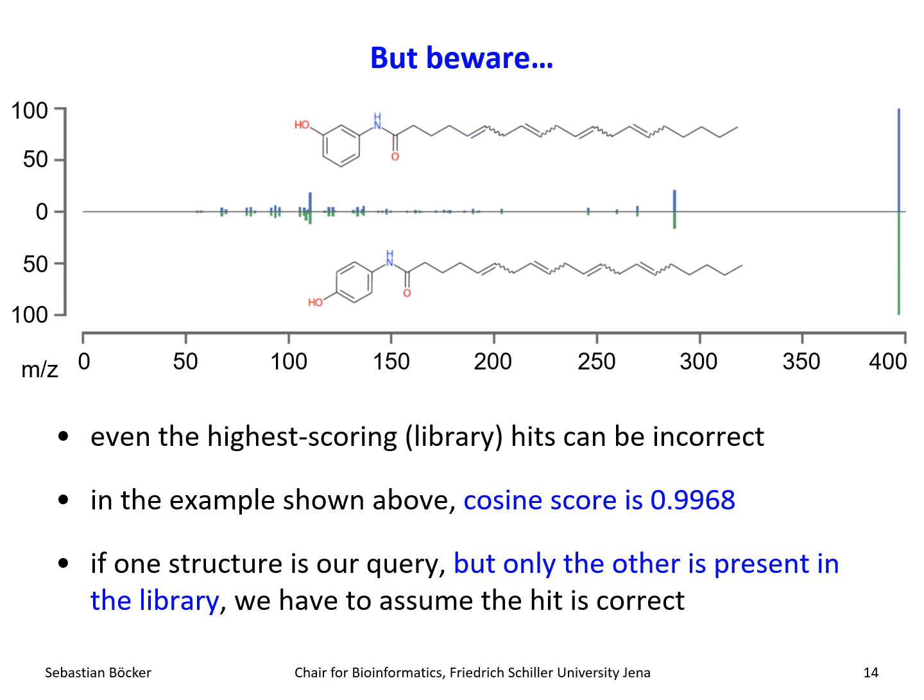We should always be aware that even if we find an almost perfect match in a spectral library or an annotation in a structure database, it might nevertheless be incorrect. Assume for a moment that this is our query spectrum, but this structure is not part of our structure database, or this spectrum is not part of our spectral library, or any spectrum corresponding to this structure.